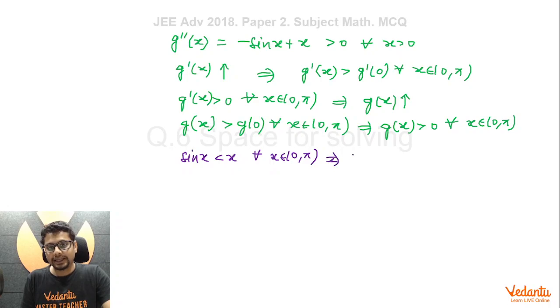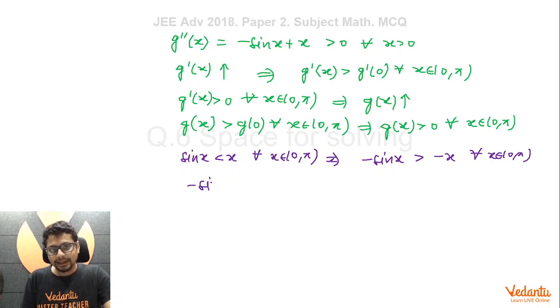So here we can say minus sin x will be greater than minus x for every x in this interval 0 open to pi open, and let me not write this again and again, this is understood. So let me consider this, that since this would hold, integral of minus sin t with respect to t from 0 to x would be greater than integral of minus t dt from 0 to x.